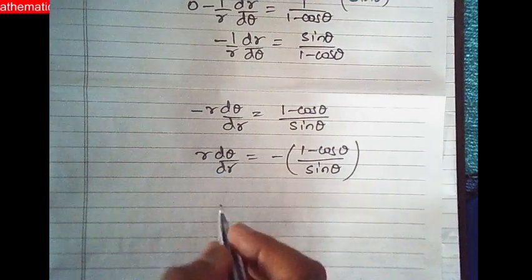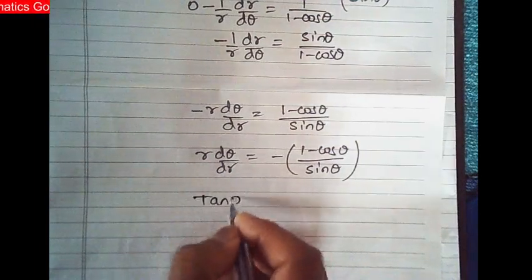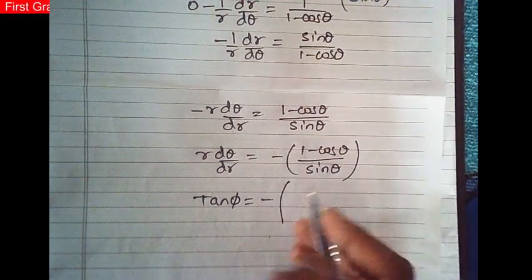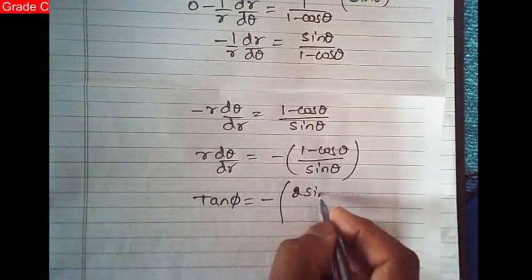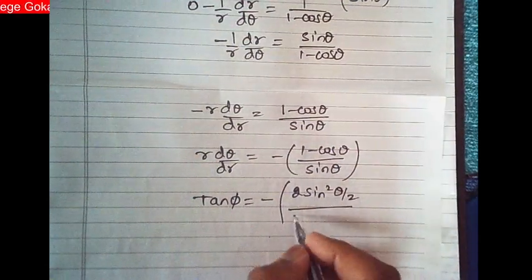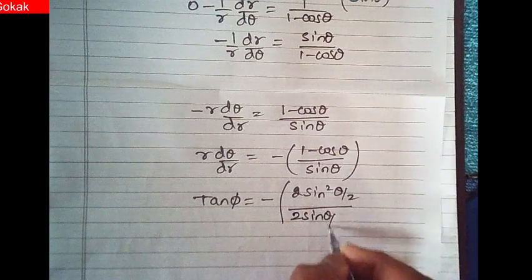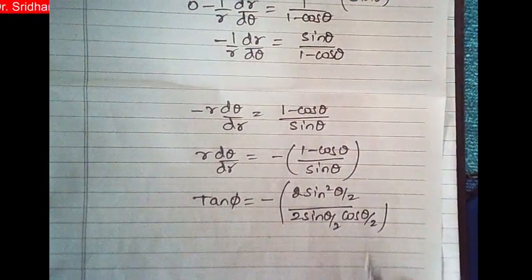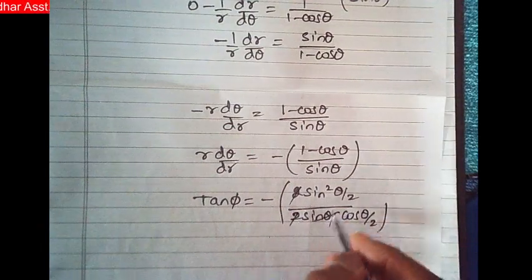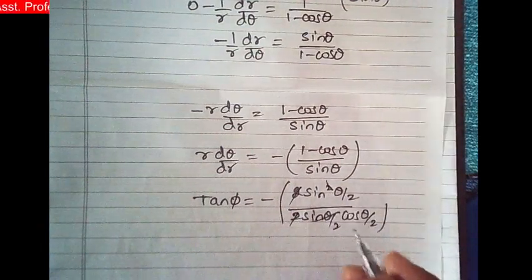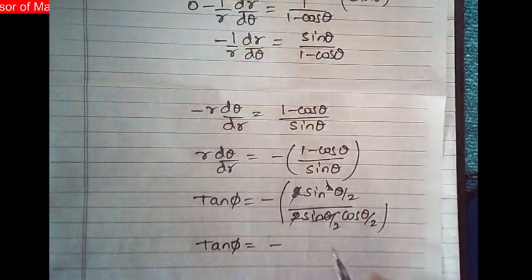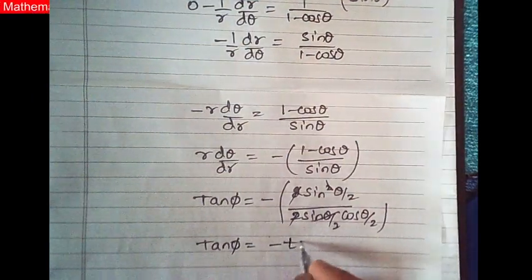This r d theta/dr is tan phi. Next, 1 minus cos theta can be written as 2 sin square theta/2, and similarly sin theta is 2 sin theta/2 cos theta/2. So the 2 gets cancelled, and one sin gets cancelled. We get tan phi is equal to minus sin theta/2 by cos theta/2, which is tan theta/2.